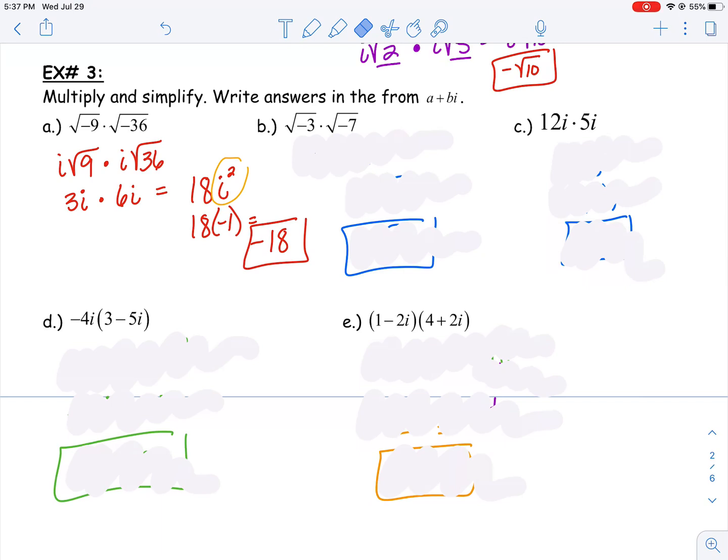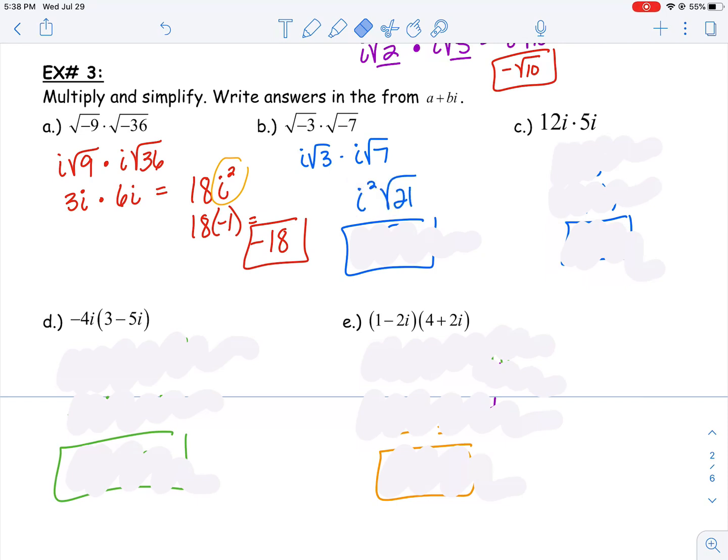All right, do the same thing for b. Make them into imaginary numbers and then multiply them together. The square root of negative 3 is really i rad 3. The square root of negative 7 is really i rad 7. And now I can multiply these imaginary numbers together. Remember, outsides go with outsides and insides go with insides.